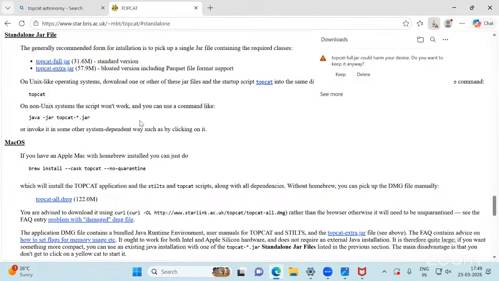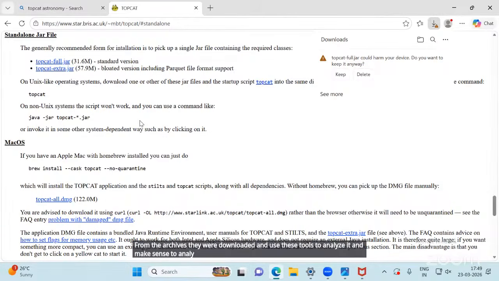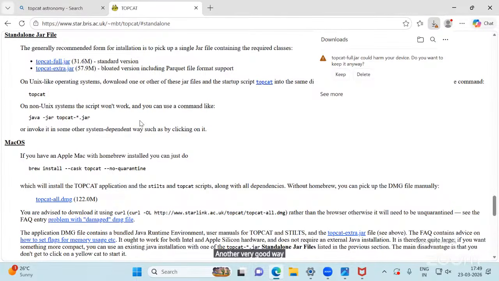So either you can do astronomy by downloading data from the archives where you are, and use these tools to analyze it and make sense, to analyze spectra, to analyze images or whatever. Another very good way of doing it is PyVO, right? So Python, you all are familiar with Python.